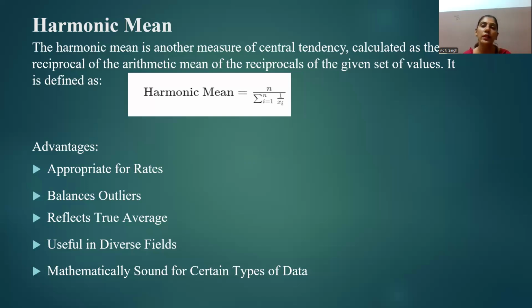For data which involves an inverse relationship like speed and time, the harmonic mean provides an accurate measure of central tendency.